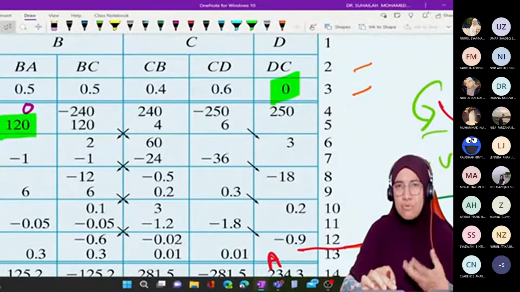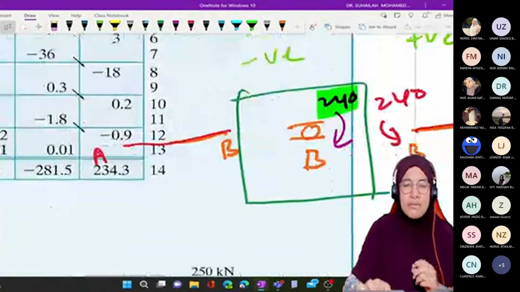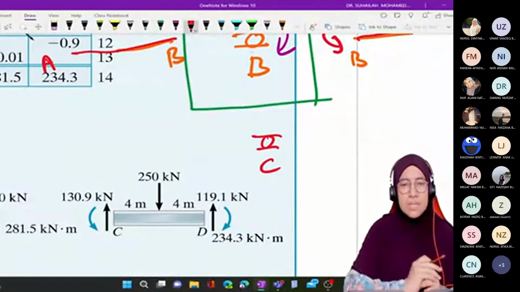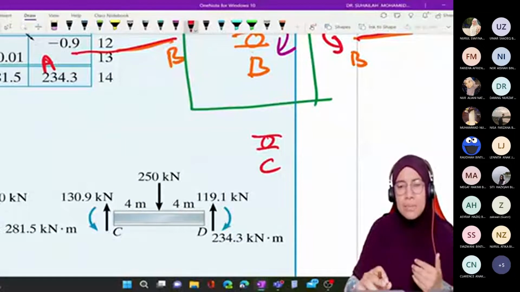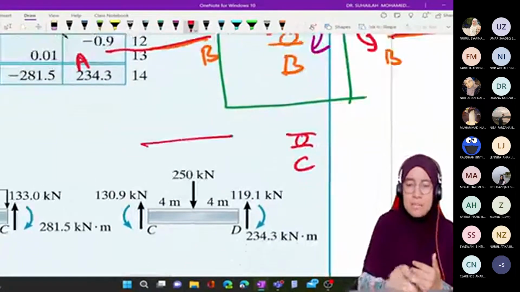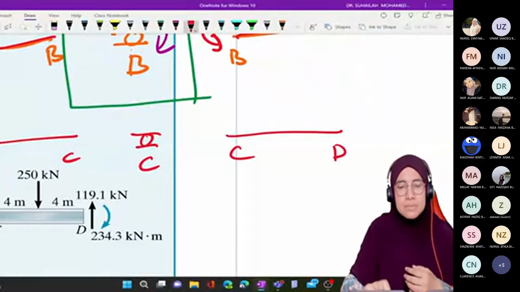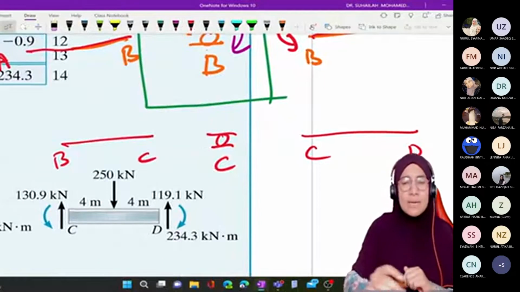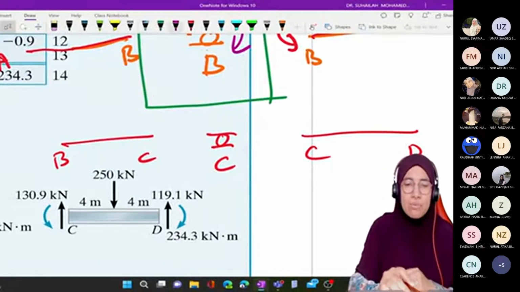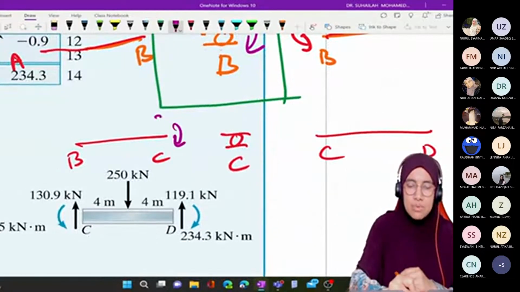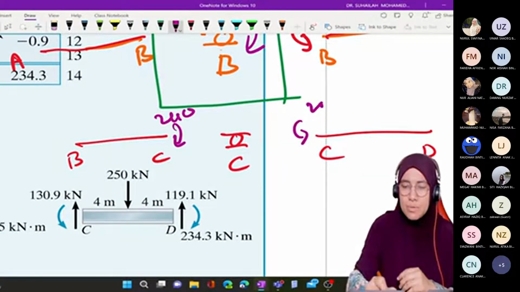The same goes for C. From CB we get 240, from CD we get negative 250. So the joint moment at C, if we try to draw the diagram, here is C, with BC on this side and CD on this side. The fixed end moments, the first member end moments in the table, are 240 here and 250 here.